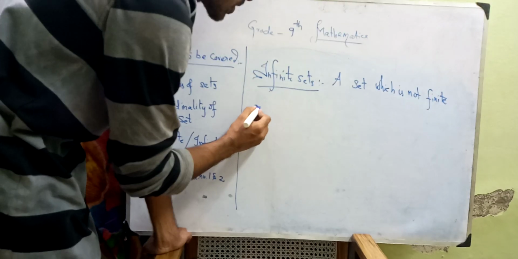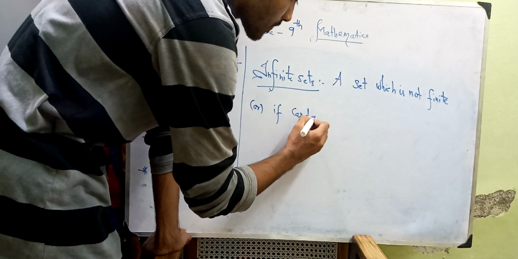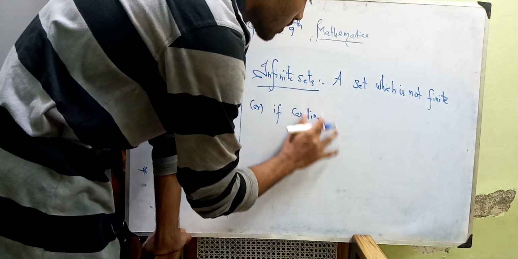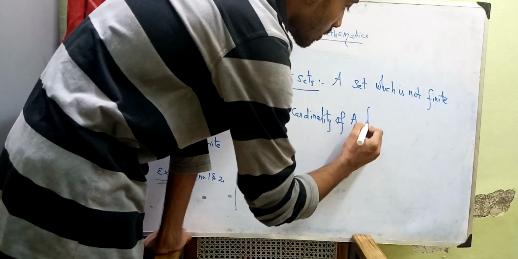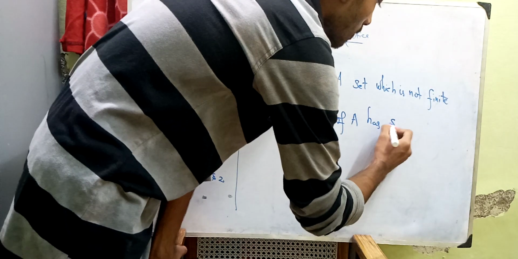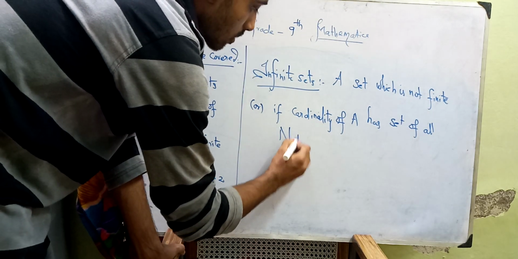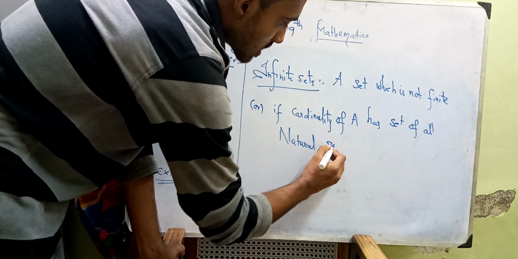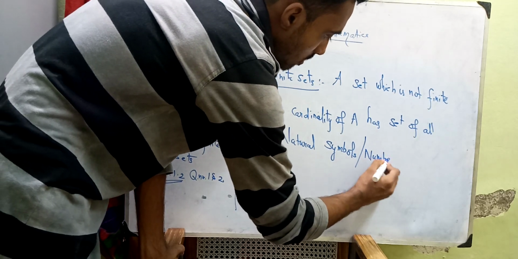Or you can say, if the cardinality of A has the set of all natural numbers, or natural symbols, or numbers.